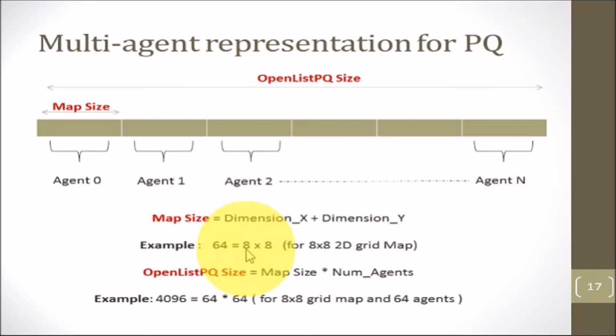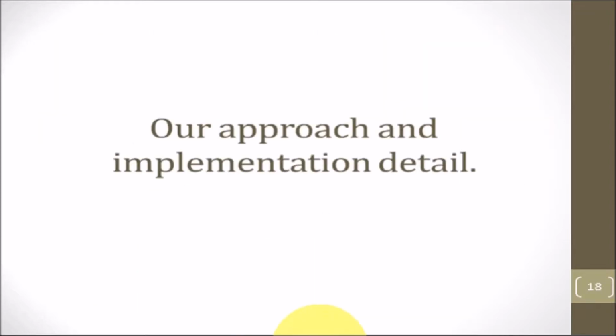If we consider the number of agents to be 64, then the total size of the open list queue will be 64 times 64, which is 4096 elements overall. So let's get into the implementation details.